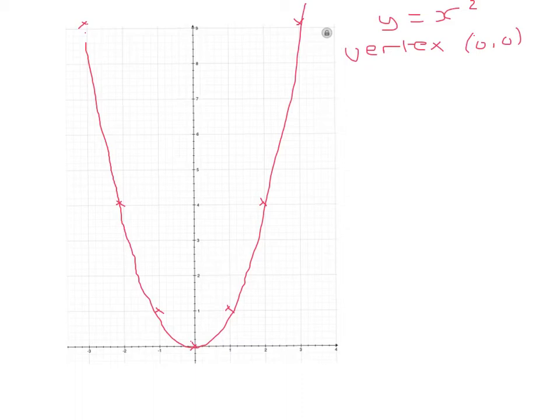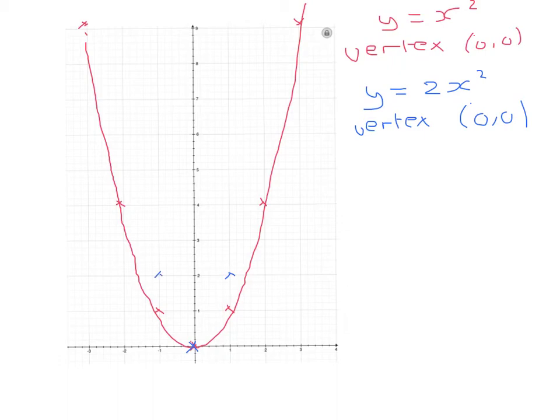So if we wanted to draw y equals 2x squared, we can do a similar thing. The vertex is still 0, 0. So we've still got a point there. But this time we're going out 1, and because it's 2x squared, we're going up 2 times 1, on both sides.